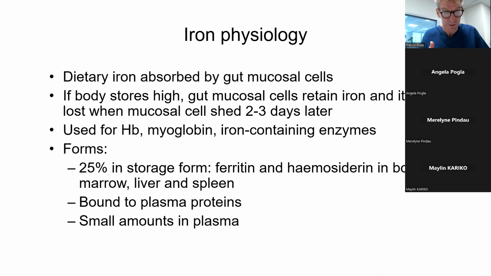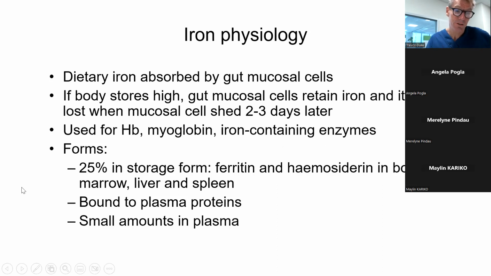They will have problems with thinking, they'll be slow with their schoolwork, and it's partly because they may have reduced oxygenation to their brain, reduced cerebral blood flow or reduced cerebral oxygen delivery, but also because you need iron for neurotransmitters. So if you don't have iron, then many of the synapses work a bit slower within the brain. So it's just important to know that iron's not only used for blood, but also for muscle and for other iron-containing enzymes.